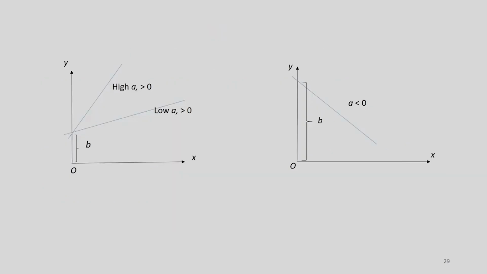So, here is an example of an upward rising line. In the first case, case 1, a is positive, but it is low. So, this is your a. Suppose this is 1 unit of change of x, then y is changing by how much?